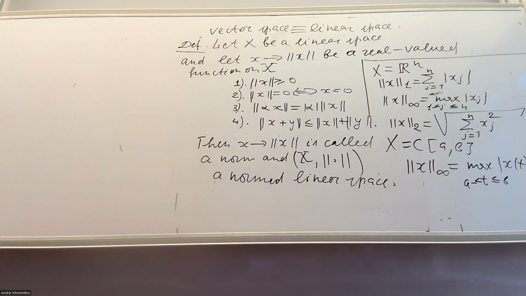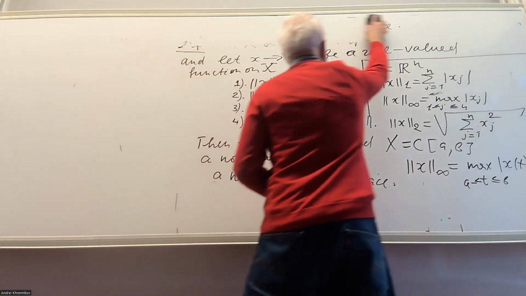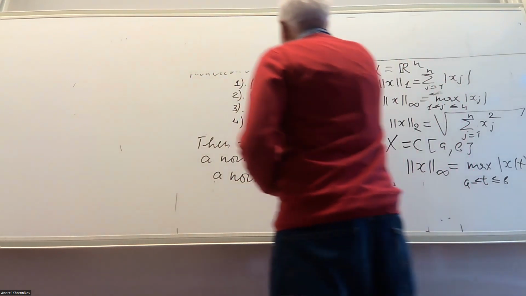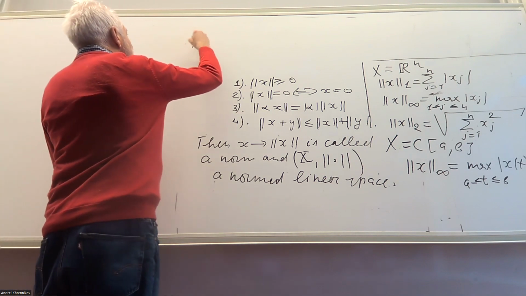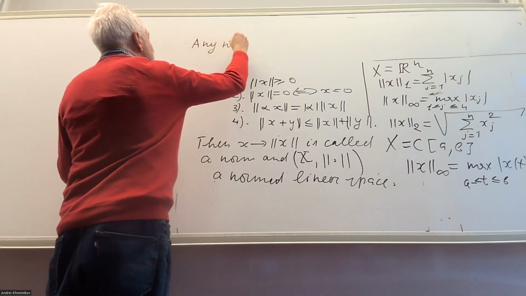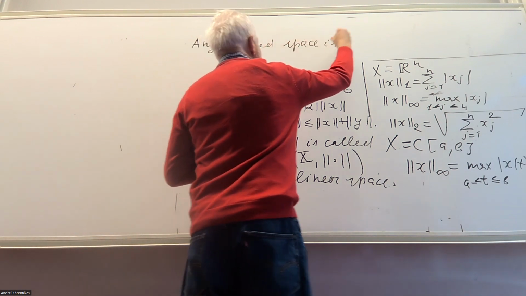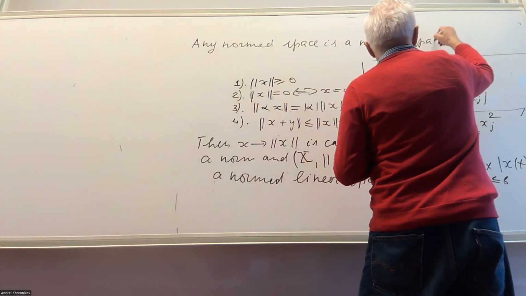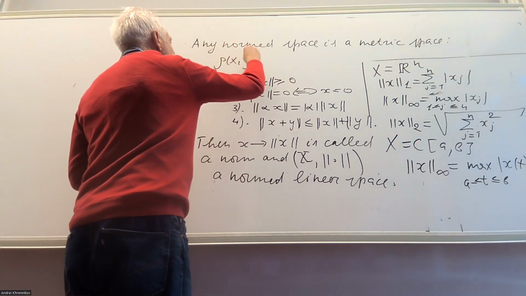These are linear spaces, and these are norms. Now, a normed space is a special case of a metric space. Our new message: any normed space is a metric space, and the distance is introduced as before.